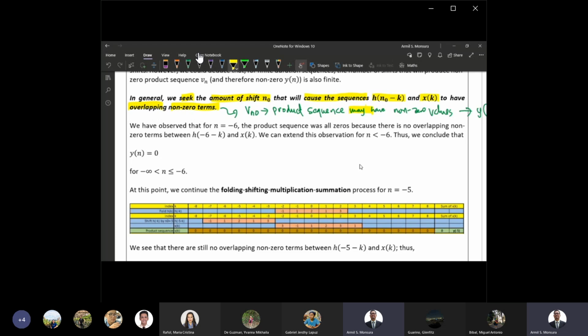Kasi it's simply because kung titingnan ninyo tong table at kung imagine ninyo kung paano siya magpo-progress by actually doing the shifts for n0 equals -6, n0 equals -5, n0 equals -4, and so on.